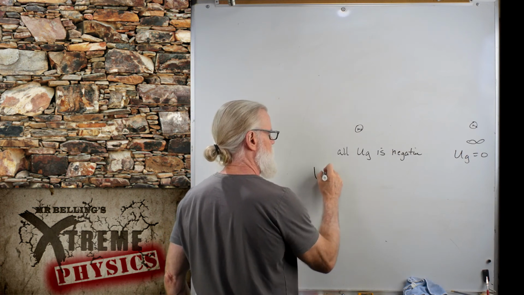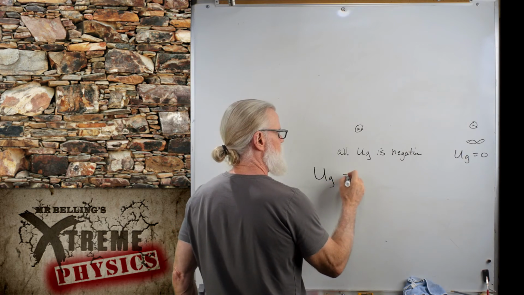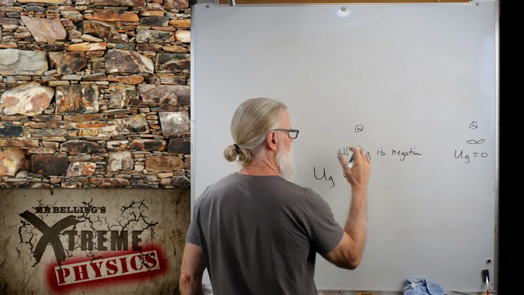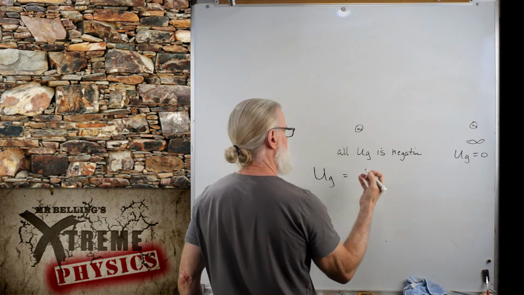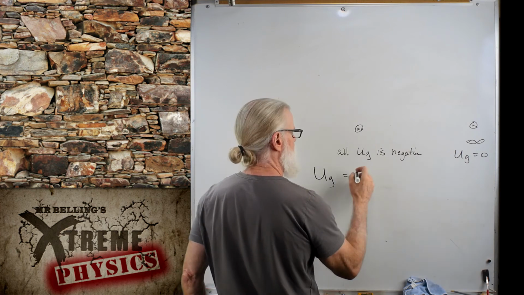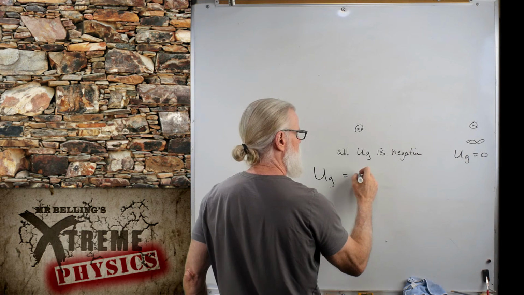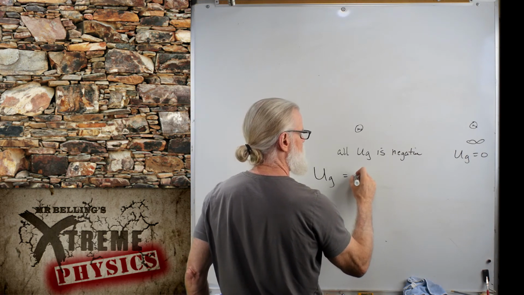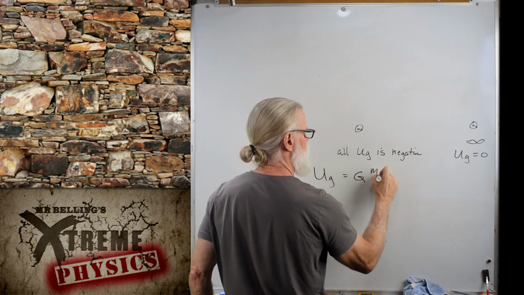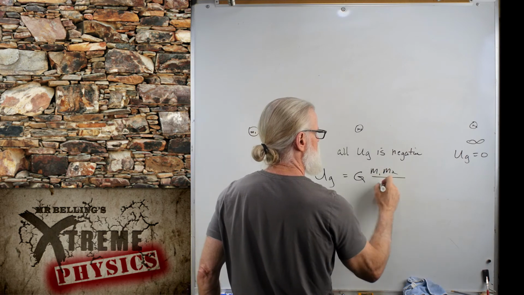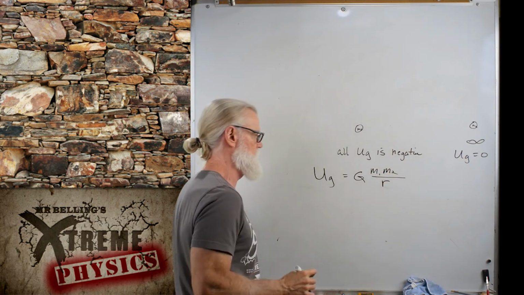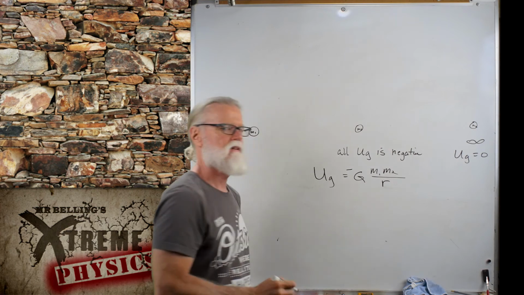I'm not going to spend the time to do that right now. The gravitational potential energy of two objects, two stars, two anything, or actually you could have multiple, or between two, is going to be G M1 M2 divided by the distance between them, and it is negative.